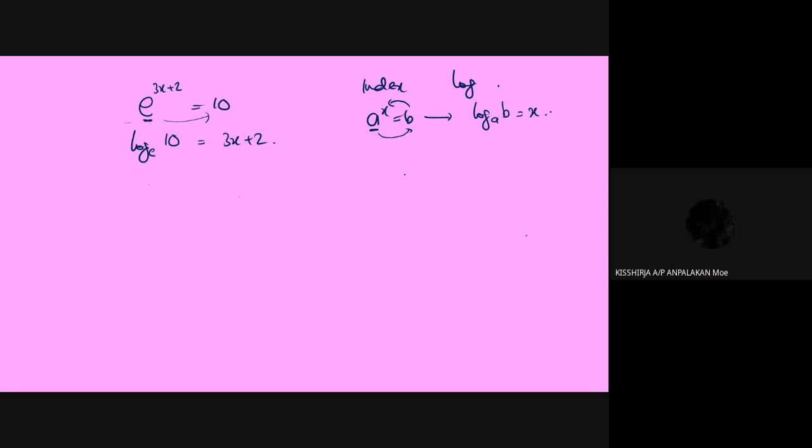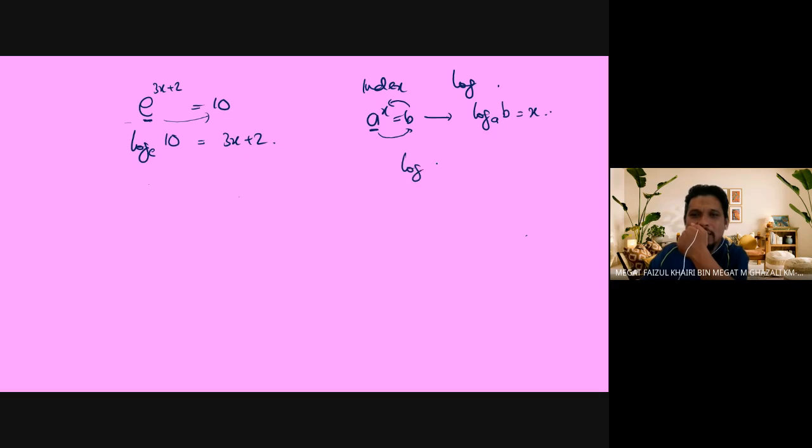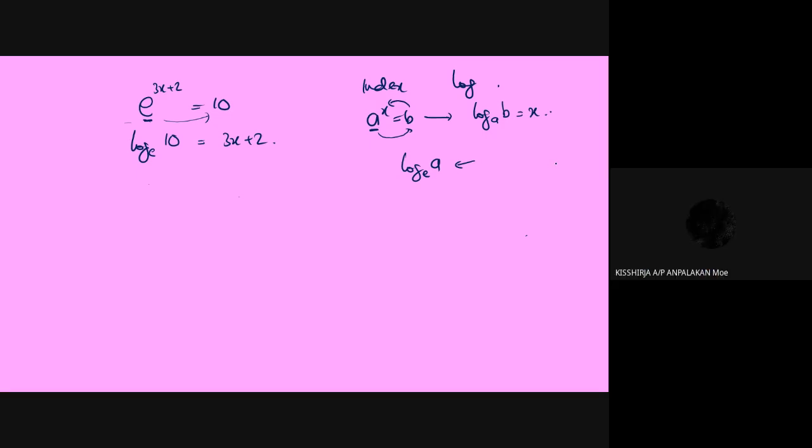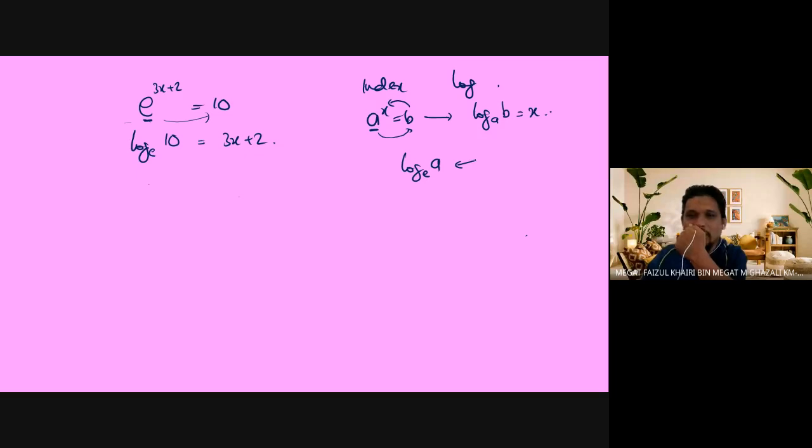Log something to the base of e, is this part of the content in your syllabus? Yes. So log to the base of e, we short name this as a natural log of a, right? Okay. So in this case, log 10 to the base of e, we also simplify this as a natural log or ln of 10 equal to 3x plus 2.